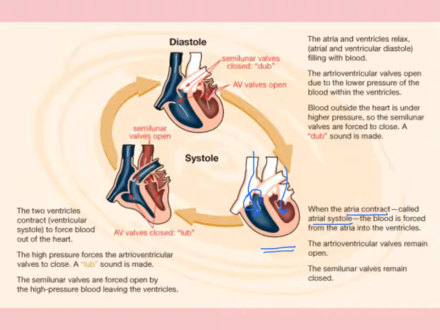And so then we've got a high pressure system here in the ventricle, and that's going to snap those valves shut, so that the blood cannot backwash into the atrium. It has to go out either the pulmonary trunk or out the aorta, depending upon which side you are on. But it can't go until the ventricles contract. So then we have to move into ventricular systole, which happens moving this way, and this is where you hear that lub noise as the valves close shut.